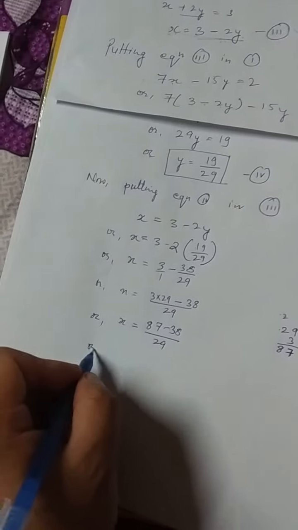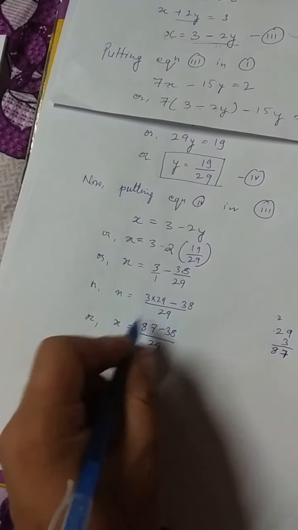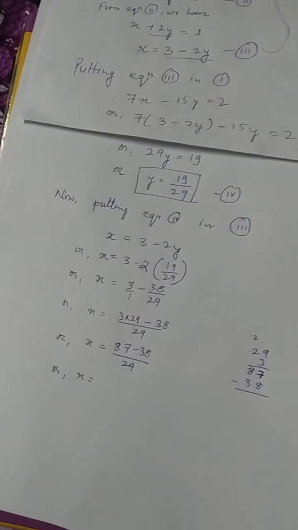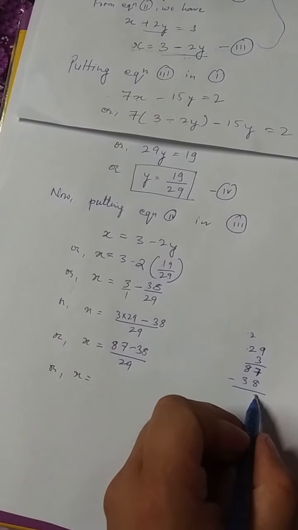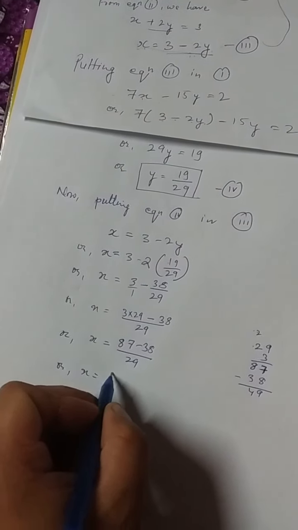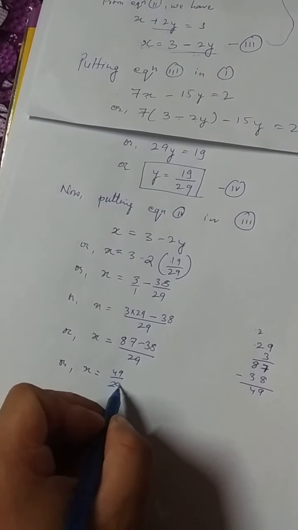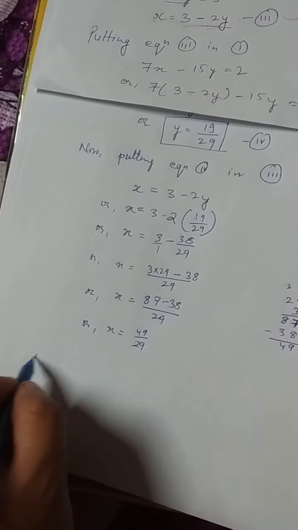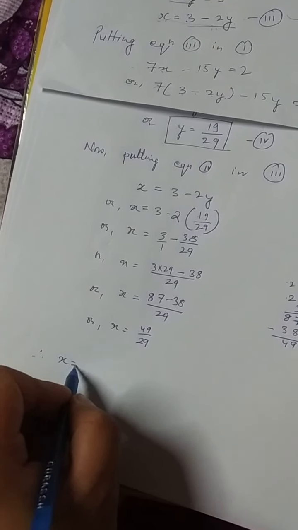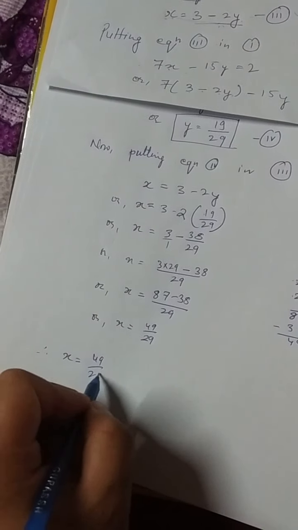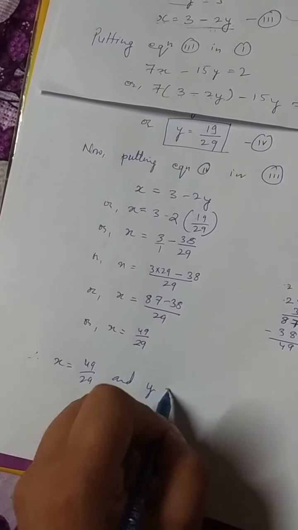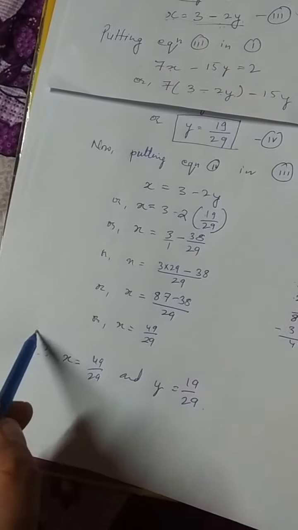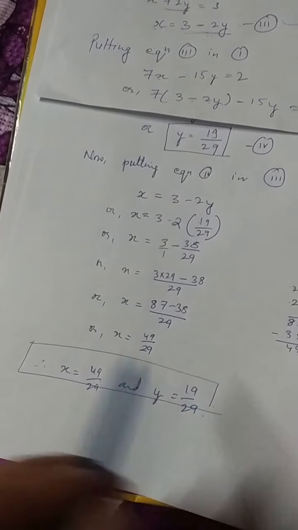We subtract: 87 minus 38 is 49. So we get 49 by 29. This is our value for x. Therefore x is equal to 49 by 29 and y is equal to 19 by 29. This is the way to solve these equations in the substitution method.